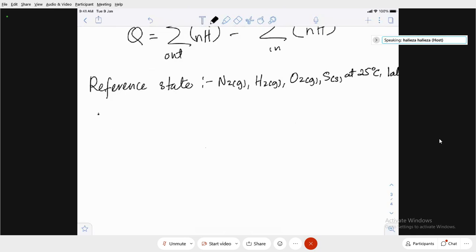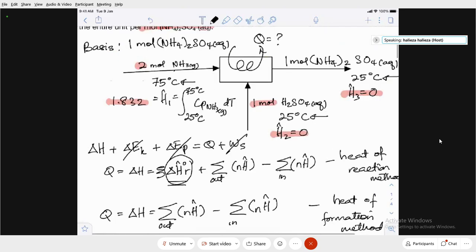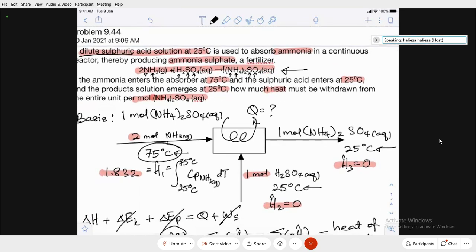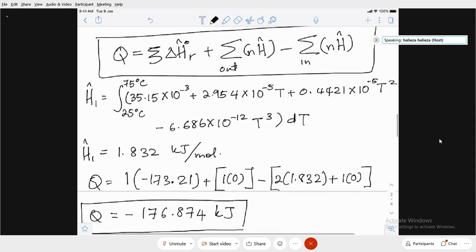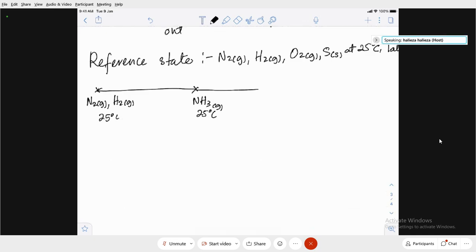You start with nitrogen gas and hydrogen gas in order to get ammonia at 25 degrees C. But the ammonia that we have initially is not at 25 degrees C. Your ammonia is at 75 degrees C, so you need to heat it up from 25 to 75.